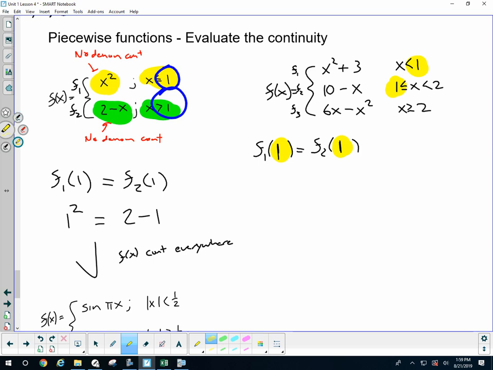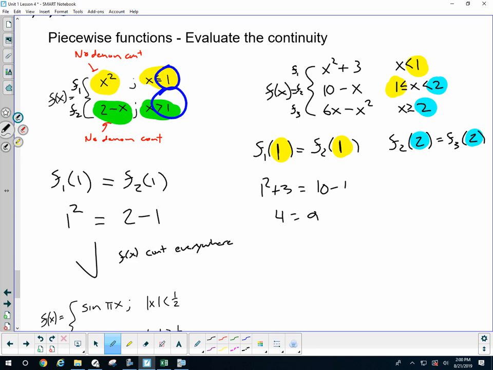F sub 2 may or may not meet up with f sub 3 at 2. Now, it's important to remember these are x values. Plug them in for x. Right now, it's kind of obvious, but in the future, it is important to remind each other. This piece needs to meet up with this piece at 1.